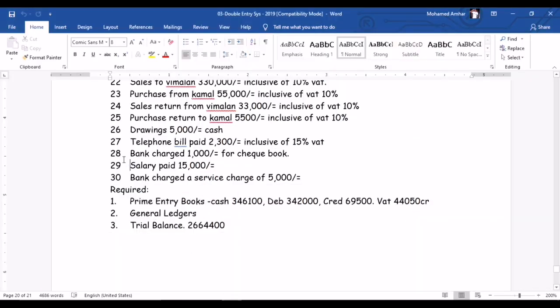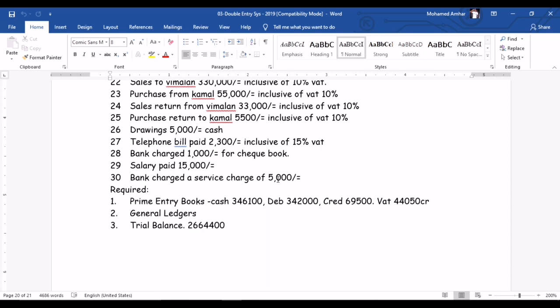Next date is bank charged a service charge of 5,000. If the bank charges a service charge of 5,000, we don't know that until we receive the bank statement. So after preparing all the journals and balancing them, we will receive this information.